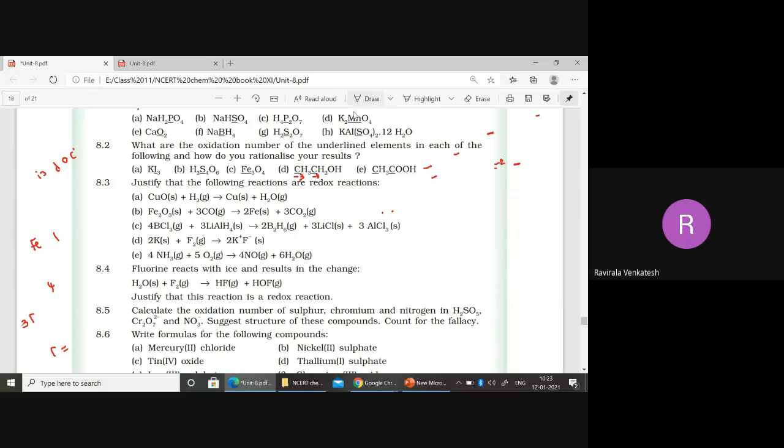Boron. Boron oxidation number. In BCl3, what will the oxidation number of boron be, beta? Anybody knows that one? What is the oxidation state of boron, beta, in BCl3? Very simple, +3. Very good. If you don't know, you write like that.